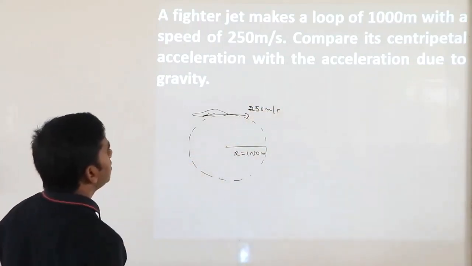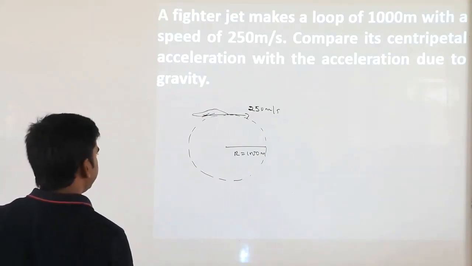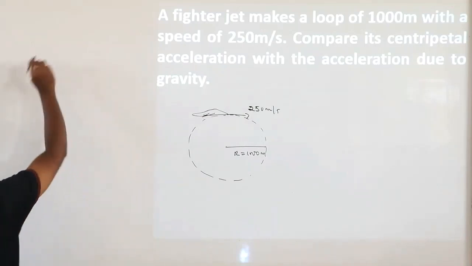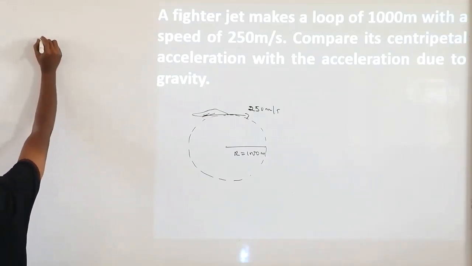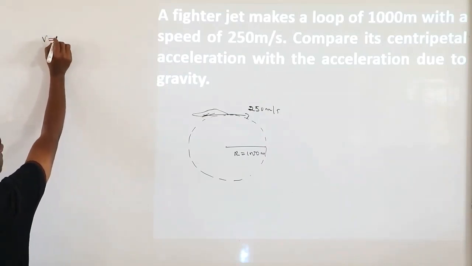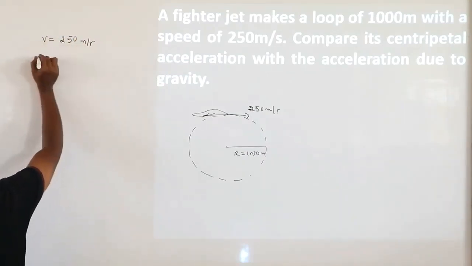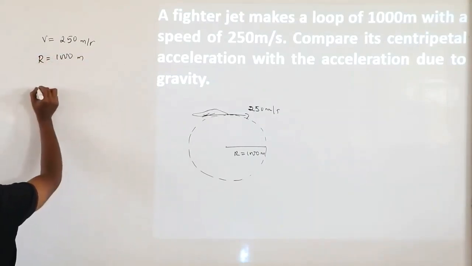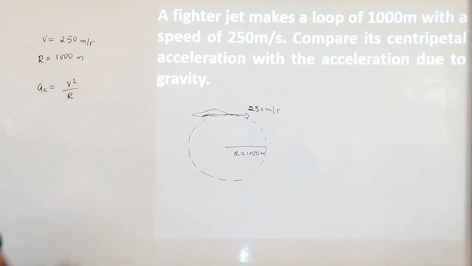They are asking to compare its centripetal acceleration with the acceleration due to gravity. So what is centripetal acceleration? Better you write first: speed equals 250 meter per second, radius is 1000 meter. Centripetal acceleration is v square divided by r.